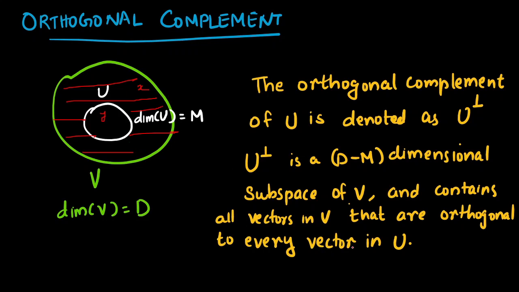So that is meant by the statement: every vector in U should be orthogonal to every vector in this U complement. Then the only element common to both the subspace U and its orthogonal complement will be the vector 0. That is the only component.